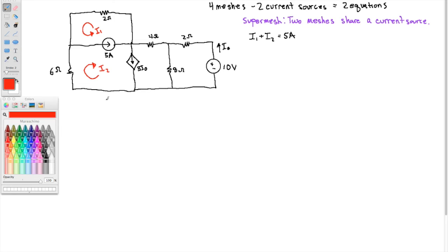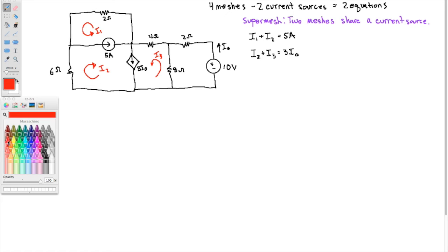Further, this mesh current, I3, is shared with I2, and so we see the relationship between those two: I2 plus I3 equals 3I0.